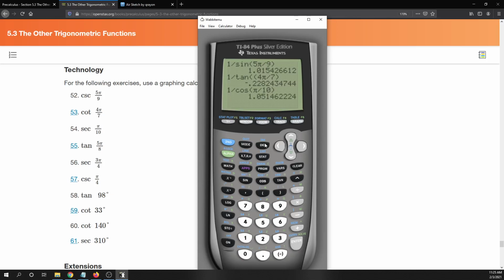All right, and so for degrees like these down here, it's going to be the same situation, except you need to be in degree mode. So let's say we wanted cotangent of 33 degrees. Again, make sure that you're in degree mode.